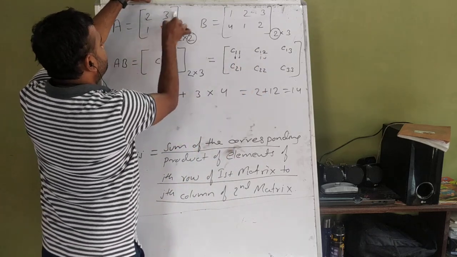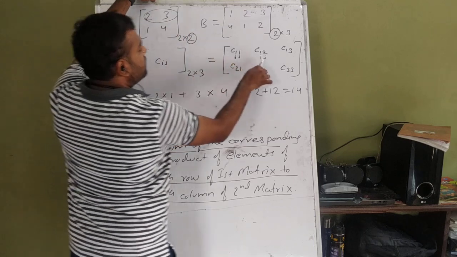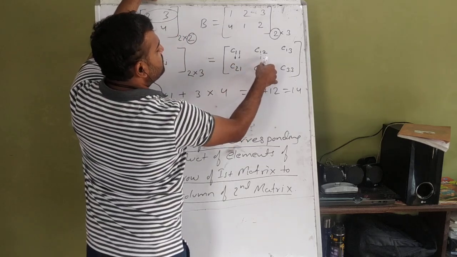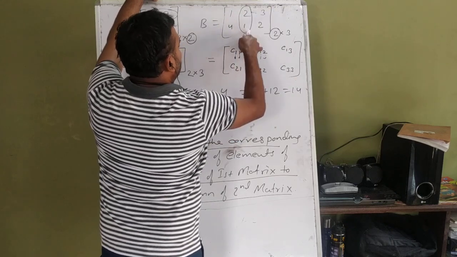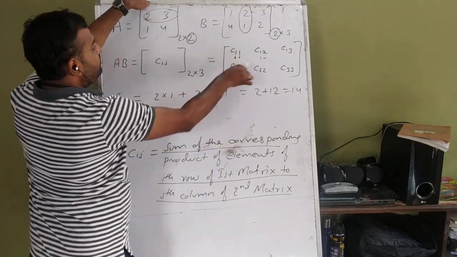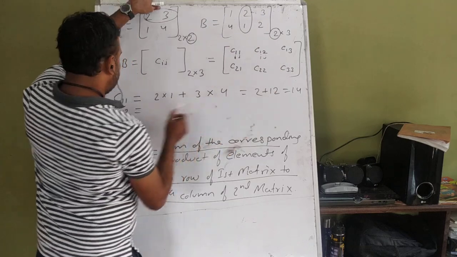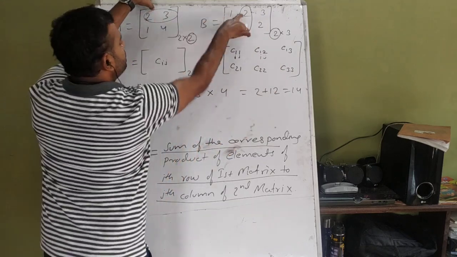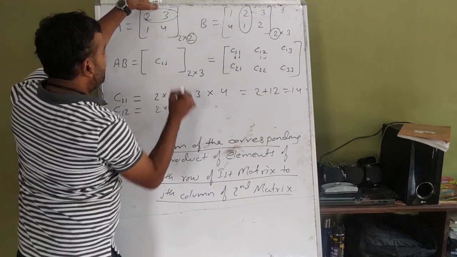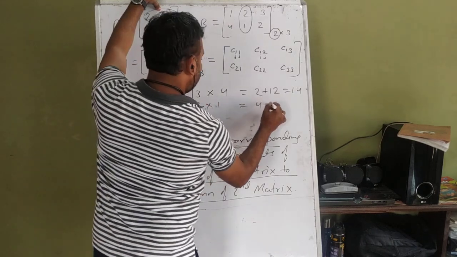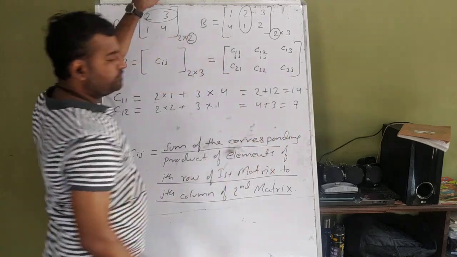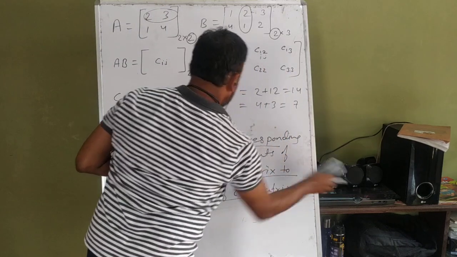This is the ith row of the first matrix, and j is the second, so the second column of the second matrix. Just simply take the product of corresponding elements: 2 into 2 plus 3 into 1. That is equal to 4 plus 3, which is equal to 7. Getting the point?